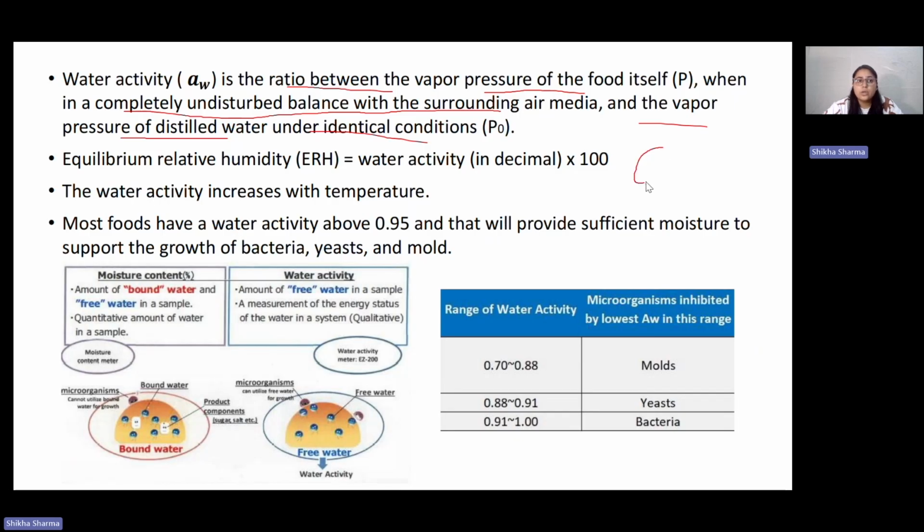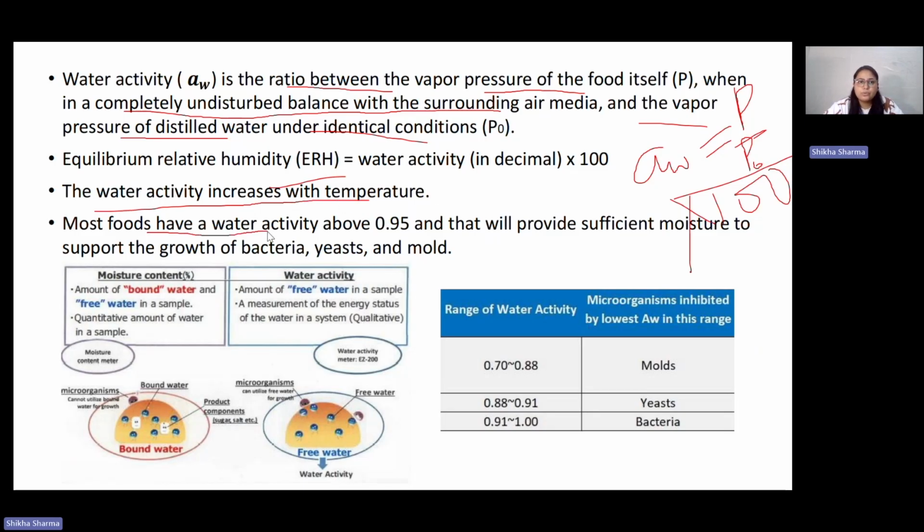So the water activity, aw, is equal to P by P naught. If we multiply this water activity by 100, we get the equilibrium relative humidity, ERH. And the water activity basically increases with temperature.